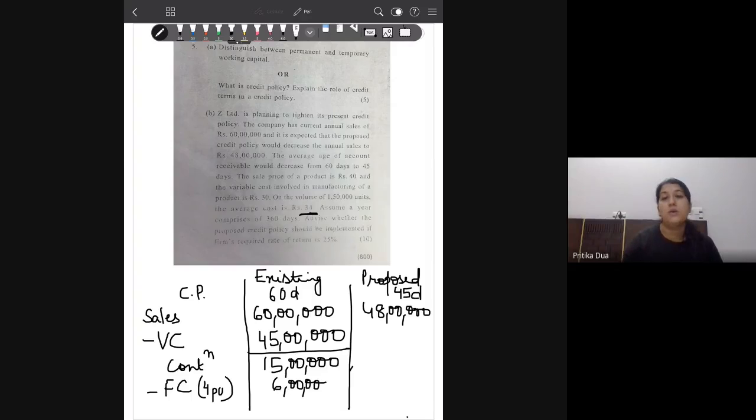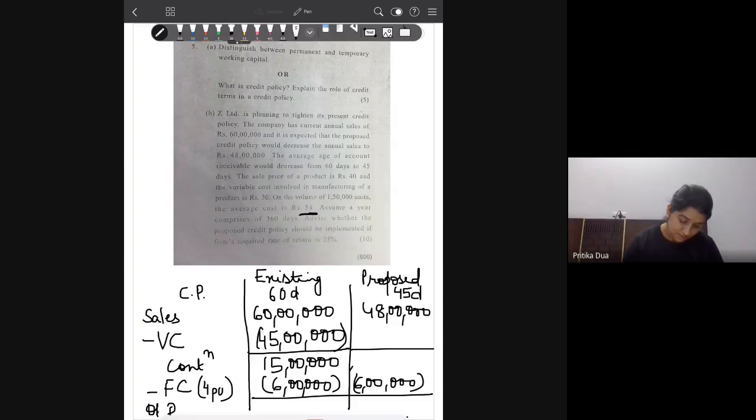And now this cost remains same irrespective of the level of production, which means your operating profit, that is point A, comes to 9 lakh under the existing scenario.